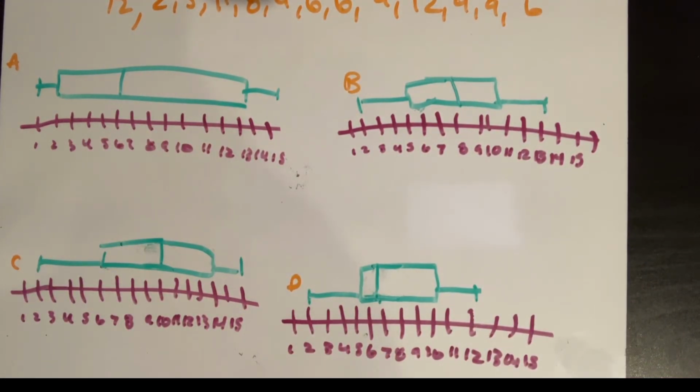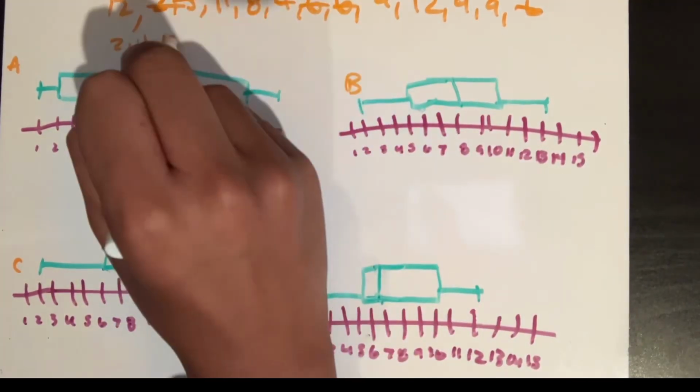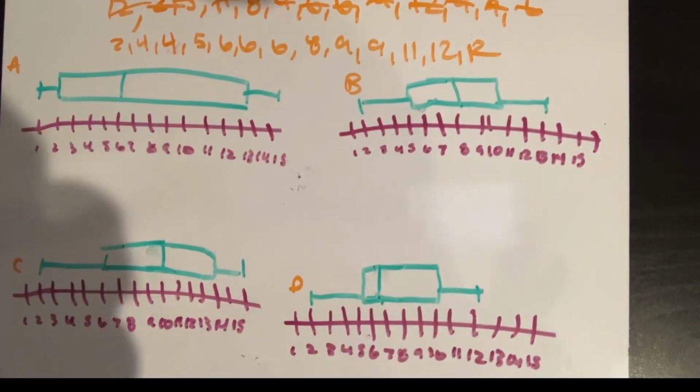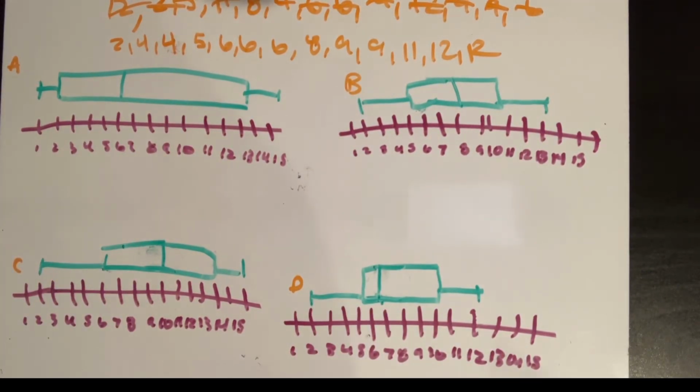First, we have to find the minimum and maximum to narrow down our options. But our data isn't in order. Well, that's always the first step to solving a box plot. Let's put our data in order. Now that our data is in order, we can narrow down our options.